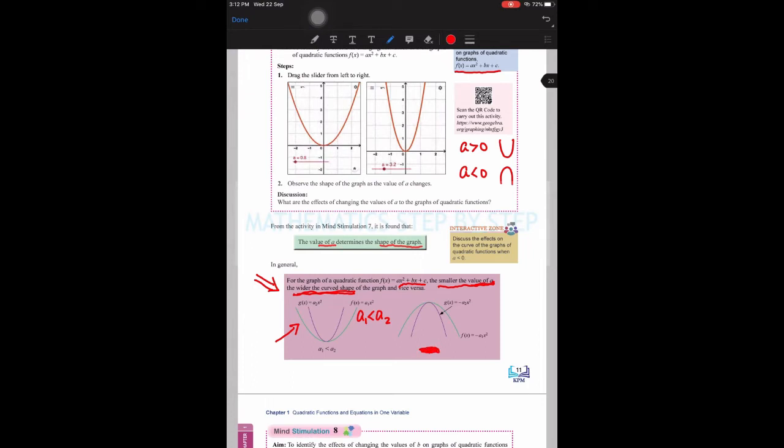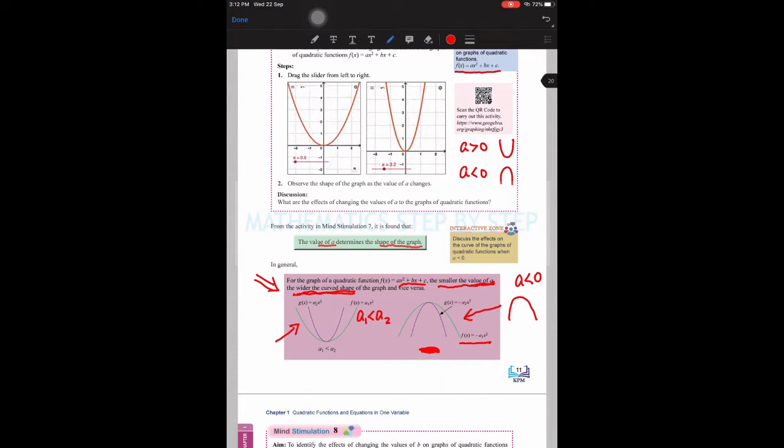So let us look at this graph. The smaller the value of a, the wider the curved shape. So in this case, it is an inverted smiley, okay? So we know that a is less than 0 for a1 and a2 in this case, okay? So we can see that f(x) equals negative a1 x squared is wider, okay?